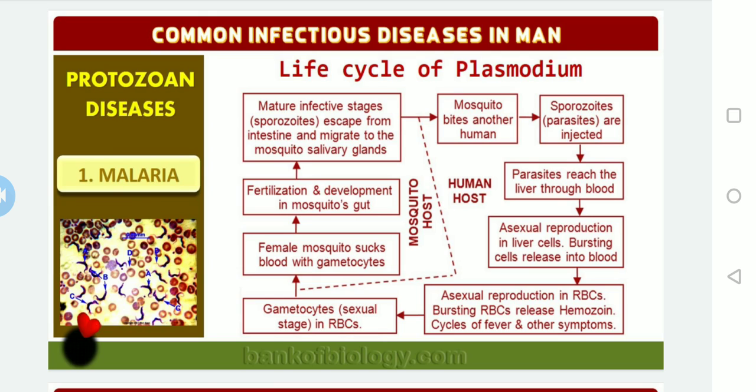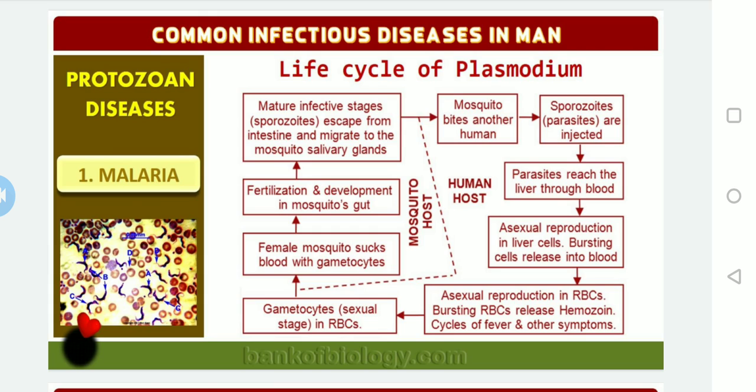if the mosquito has bitten a person who is already affected, that blood already contains the parasite. I am telling from the beginning: the female mosquito sucks the blood with the gametocyte stage, and then fertilization and development take place in the mosquito.